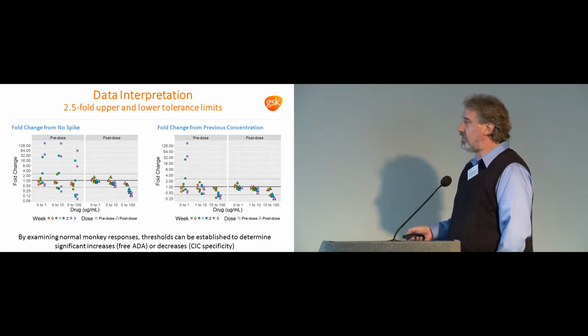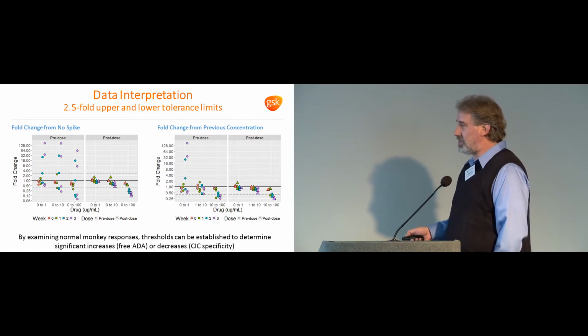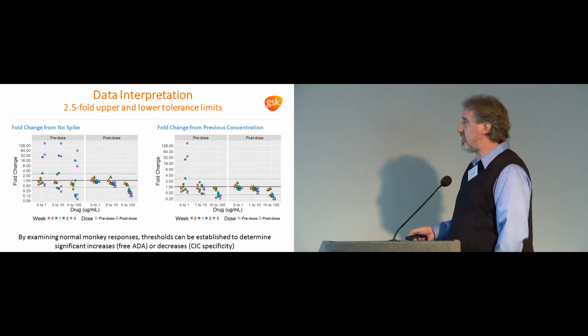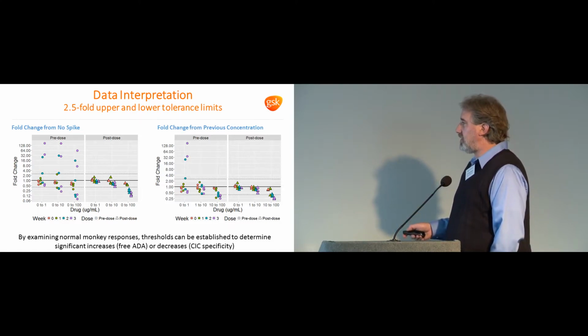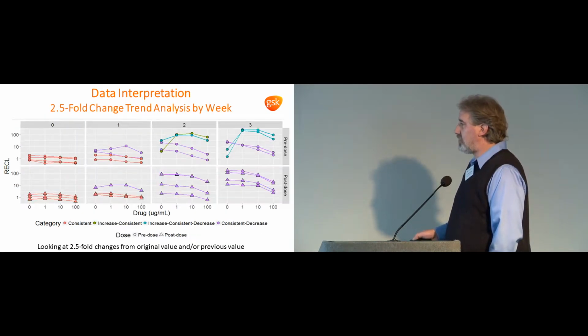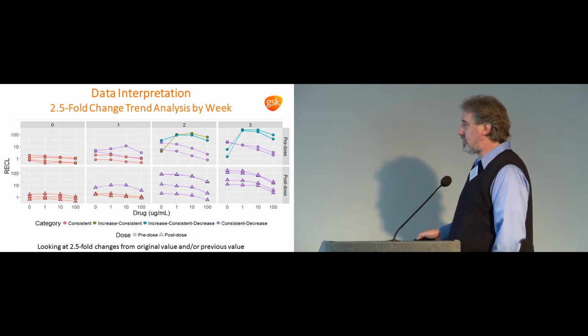Any signal with a 2-fold increase above would be a significant increase suggesting free ADA, and anything below a 2.5-fold drop would be a decrease suggesting that it's immune complex specific. And basically we're looking at this data set right here. This would all be normal data. These would be free ADA, and these would be immune complex specific responses.